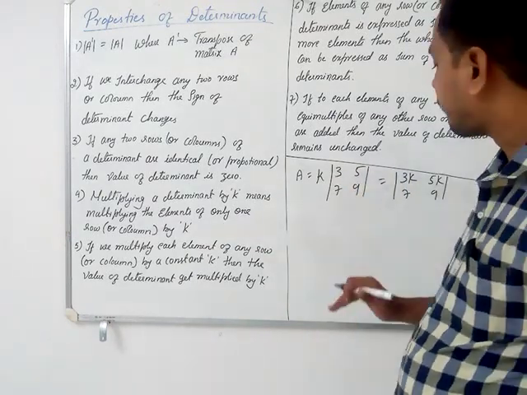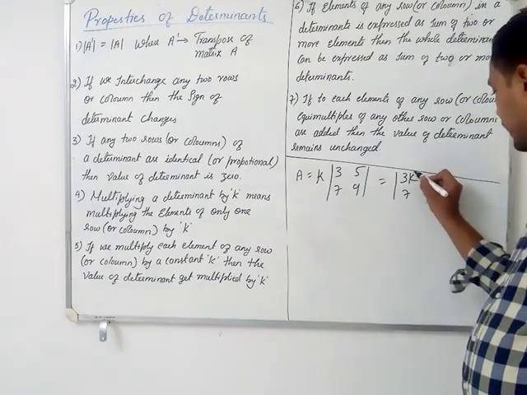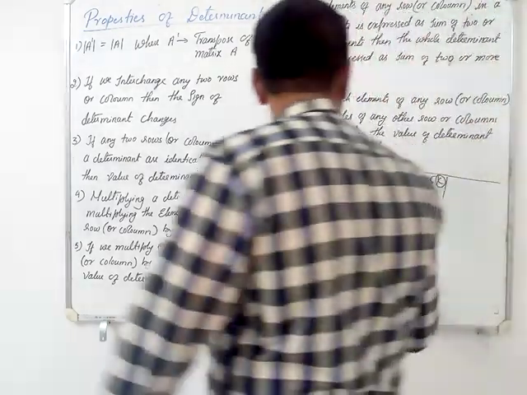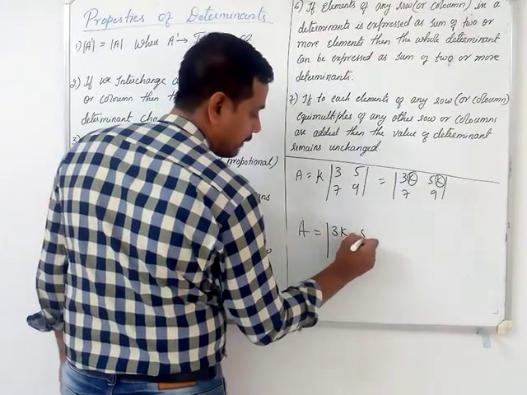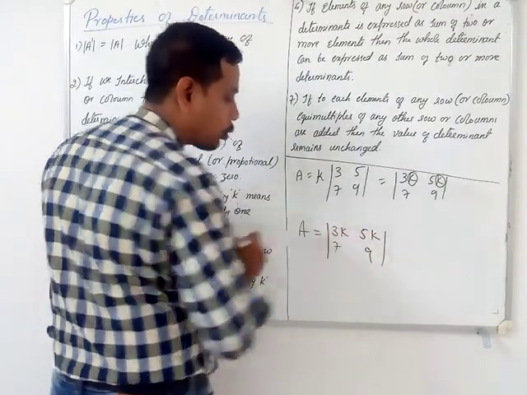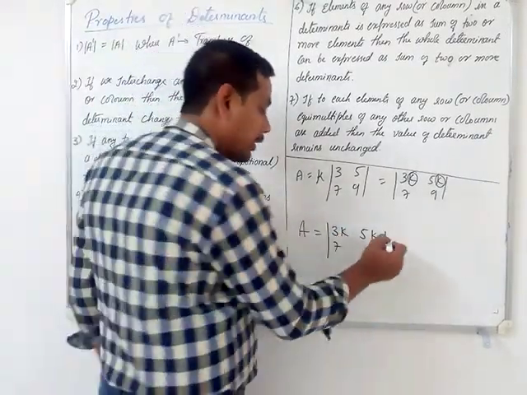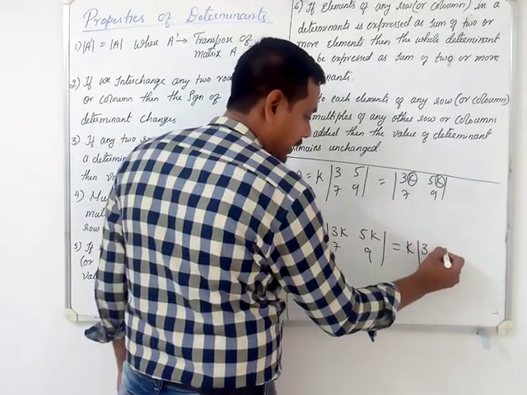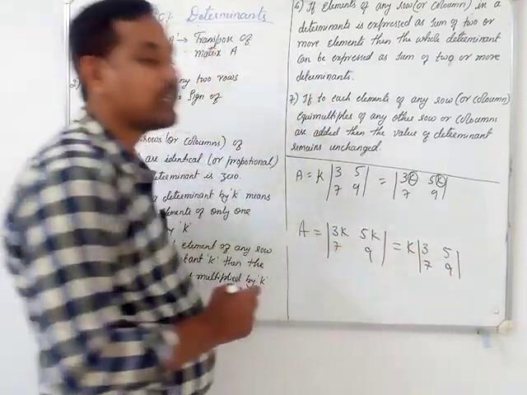What about property 5? If any row or column is multiplied by the constant k, then the value of the whole determinant will get multiplied by the constant k.